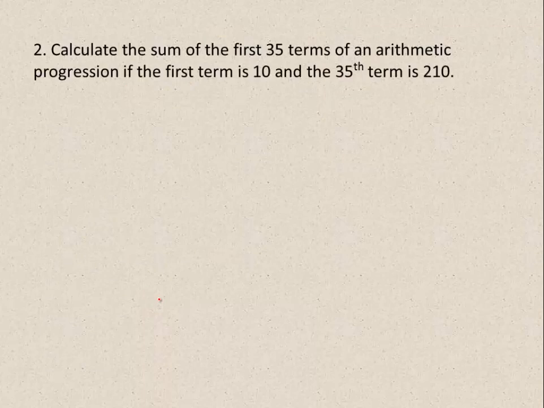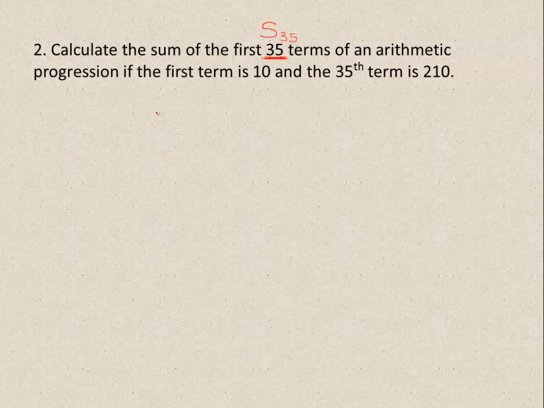Example number 2. It says, calculate the sum of the first 35 terms of an arithmetic progression if the first term is 10 and the 35th term is 210. Now it says here, I need to calculate the sum of what? The first 35 terms. So I know immediately, what am I calculating, guys? I'm calculating S35.